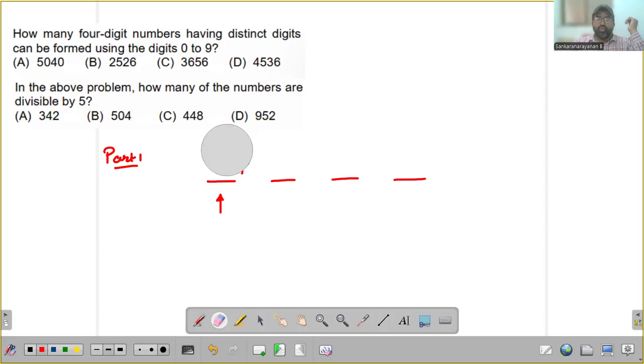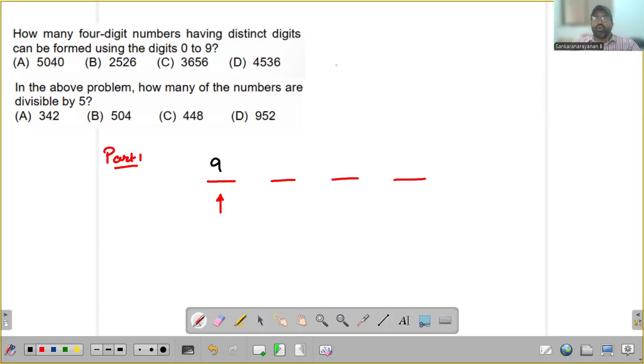I cannot use 0 in the leftmost position, because then it will become a 3-digit or 2-digit number. So there are 9 ways for the thousands digit.